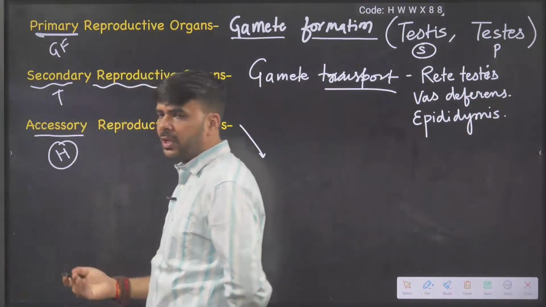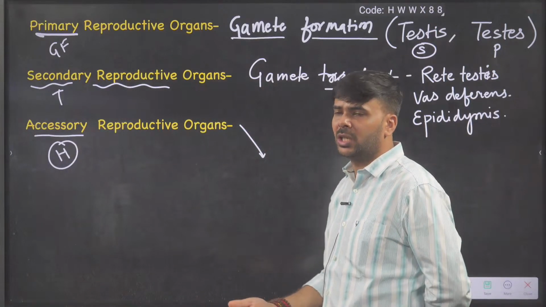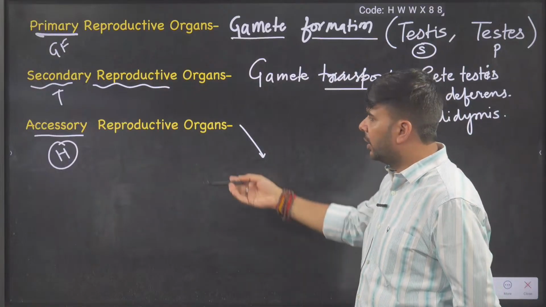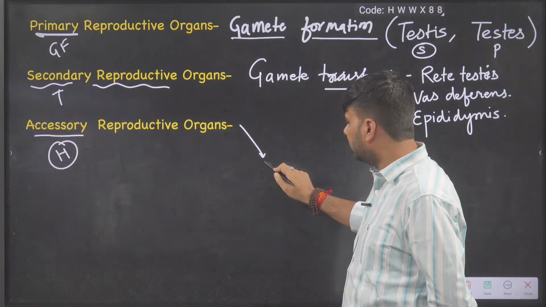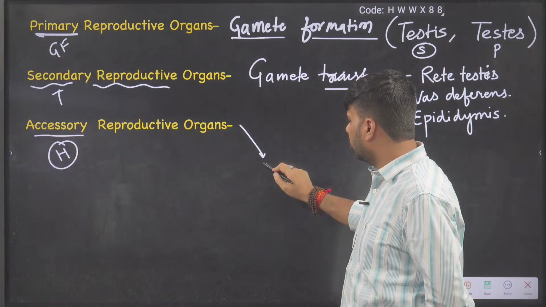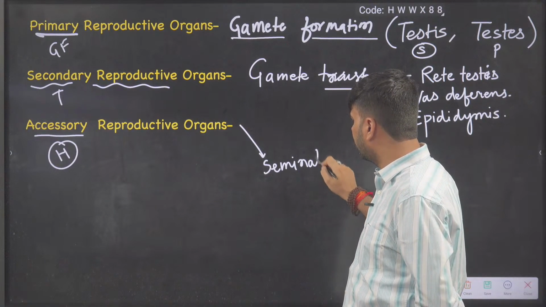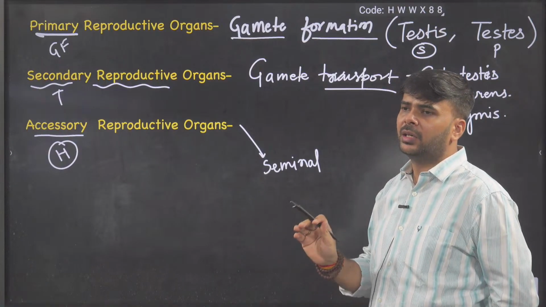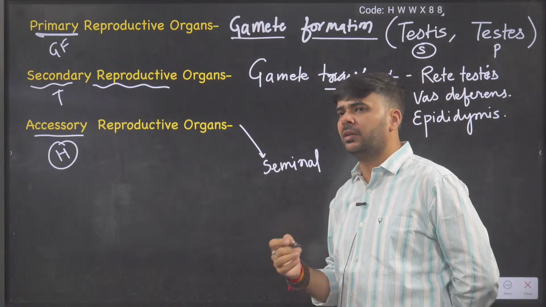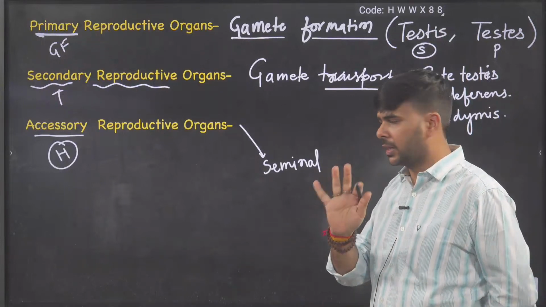Those organs in the body helping in gamete transport or anything else are called accessory. Accessory means helping. So the answer is the seminal vesicle. Those who don't know these names, don't worry. It is all mentioned in the book. And if you are learning for the first time, just relax.